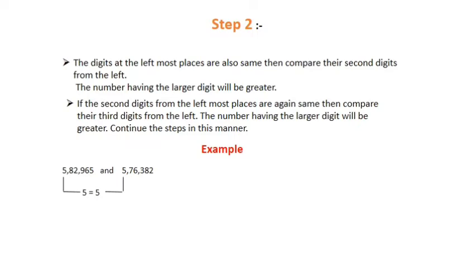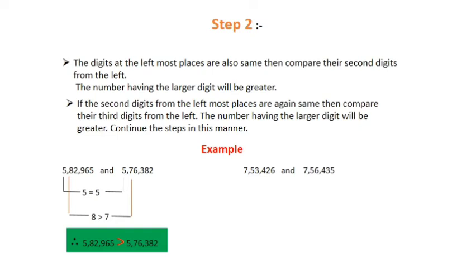Here it is 8 and in the second number it is 7. Okay, both are not same. 8 is greater than 7. That means we can say that 5,82,965 is greater than 5,76,382.